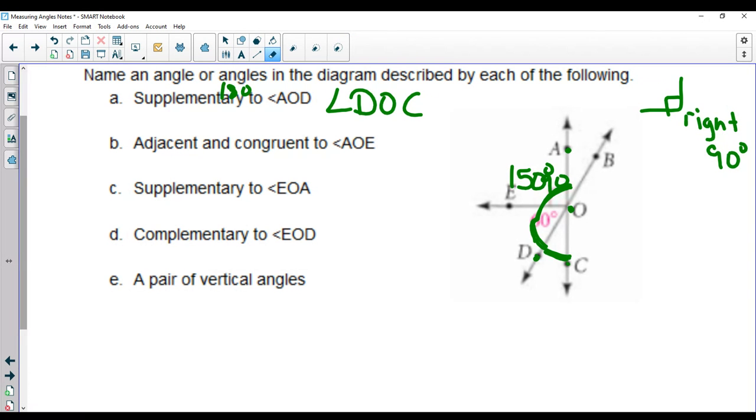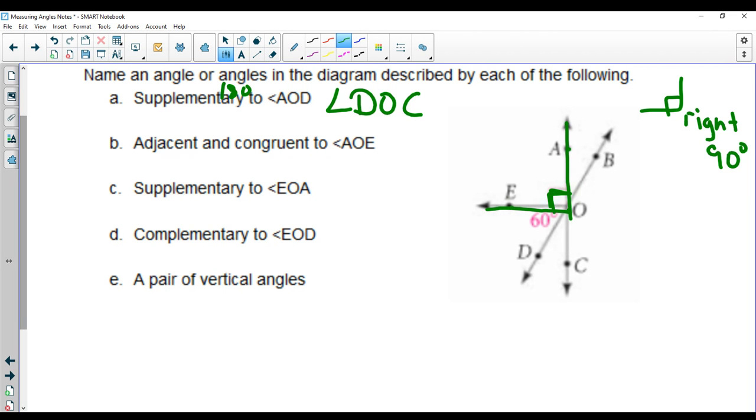Let me erase this. Adjacent and congruent to AOE. So where's AOE? AOE is this right angle right here. So I want it to be adjacent and congruent. First let's remember what adjacent means. Adjacent means it's got to share a side with the angle. Let me label where the angle's at.